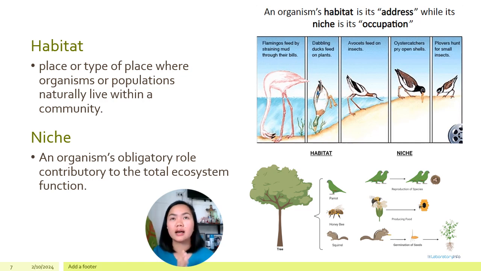So basta ang specific nila nga job or trabaho or role na gina-fulfill nila in an ecosystem. So for example, bees. So honeybees, the major role of honeybees or bees in general is to pollinate flowers. So that is their niche. They are great pollinators of flowers.